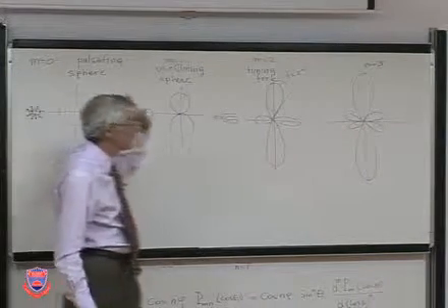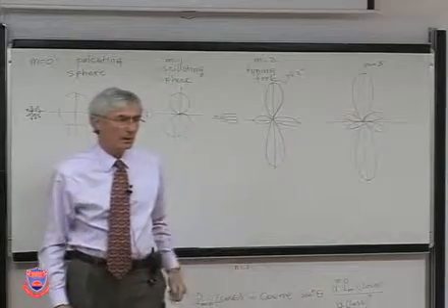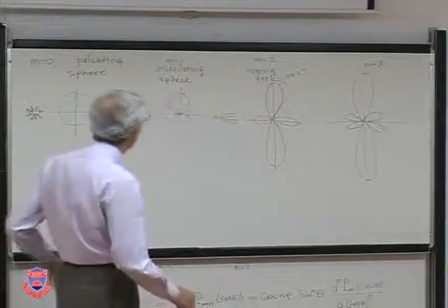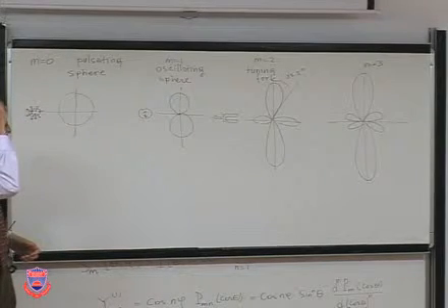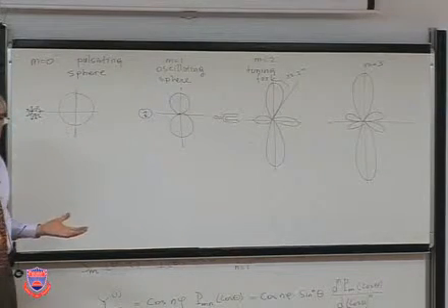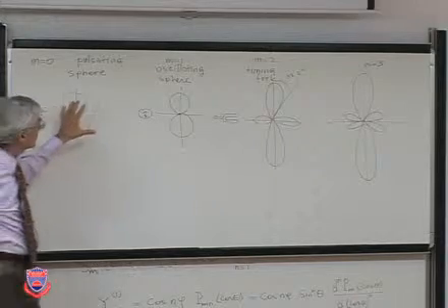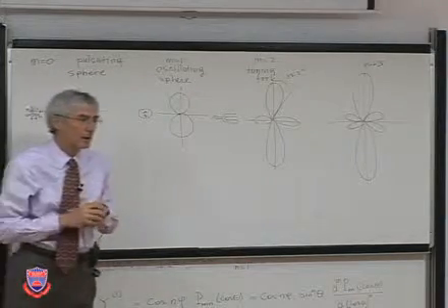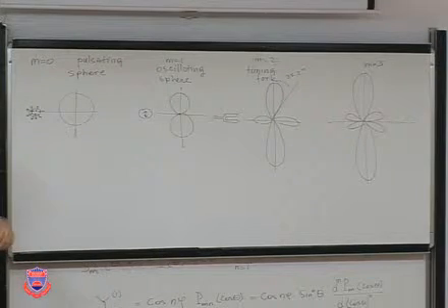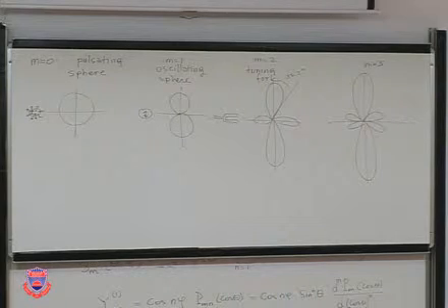Okay, m equal to 0, and you can go to higher order harmonics, and they are almost like a Fourier series. So using these shapes, you actually build up a complicated angular dependence of radiation from a sphere.